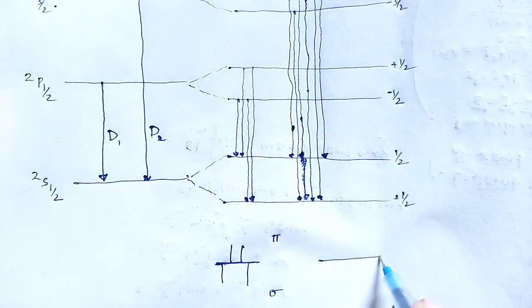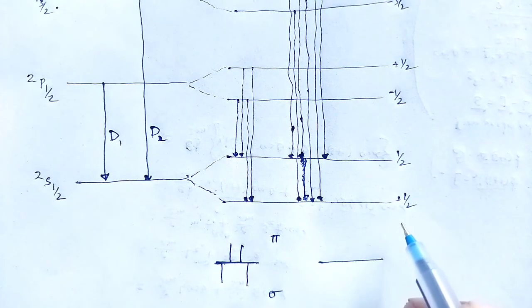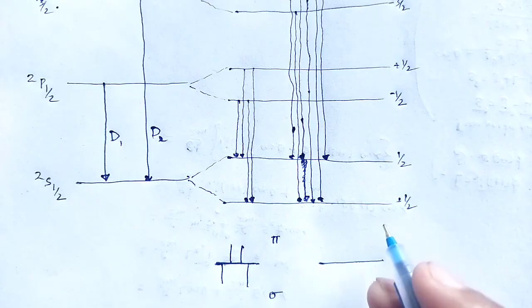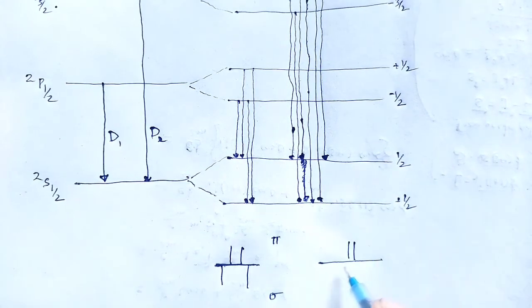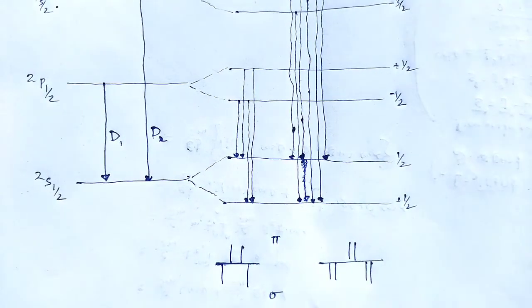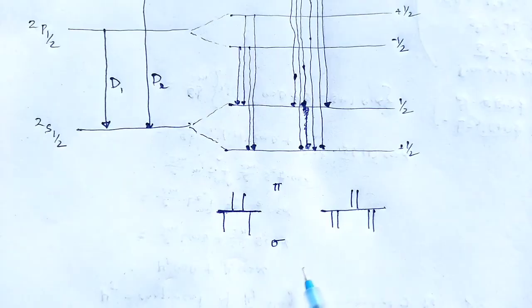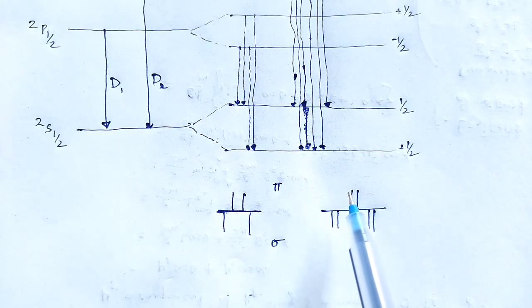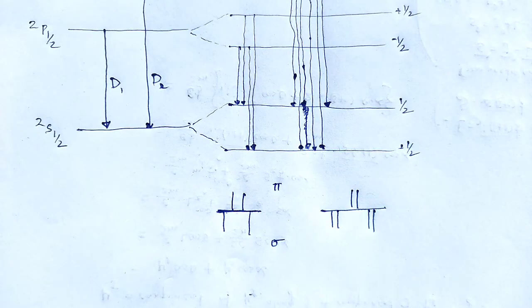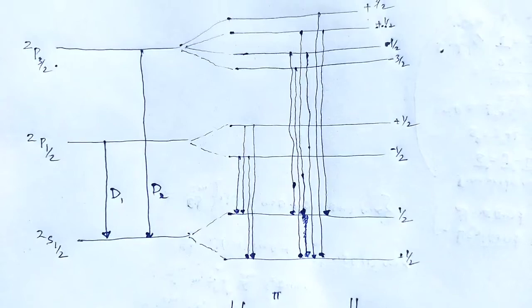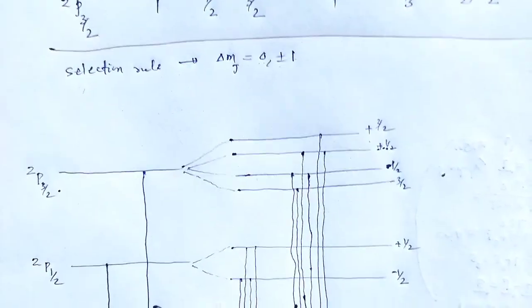And here the 6 lines have 2 pi lines and 4 sigma lines. The sigma lines are formed due to the application of that external magnetic field. So this is the example of the sodium lines D1 and D2.